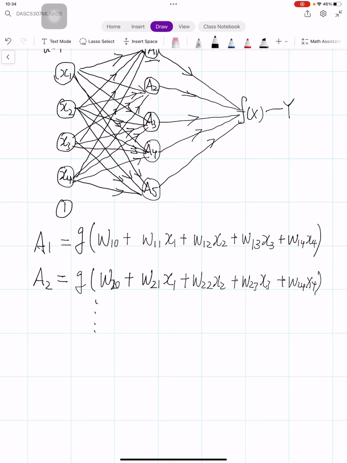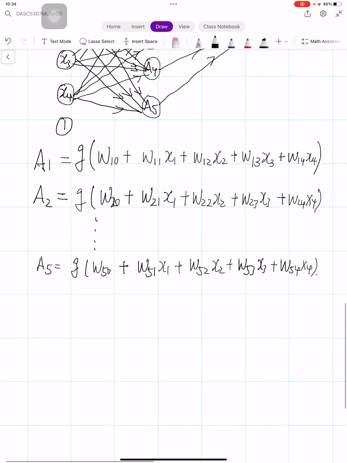We do the same thing for each of the hidden layer nodes until a5 equals g of w50 plus w51 x1 plus w52 x2 plus w53 x3 plus w54 x4.